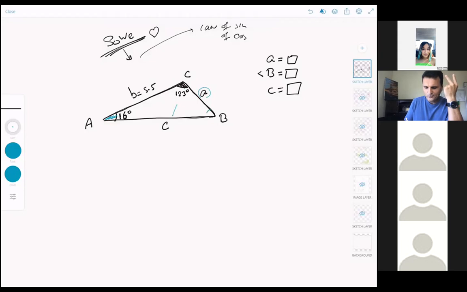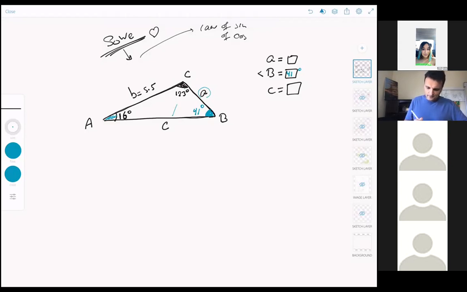But can we solve for B here? Yeah, it's 41 degrees. Wow, Karen, very good. 41, are you sure? Yes, 41 degrees. So we solve this one very easily by adding up to 180.